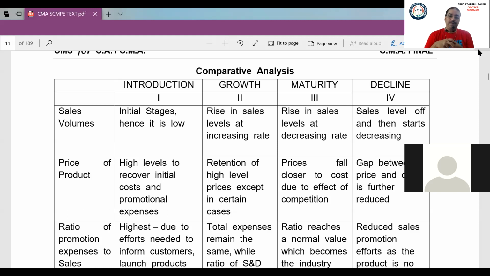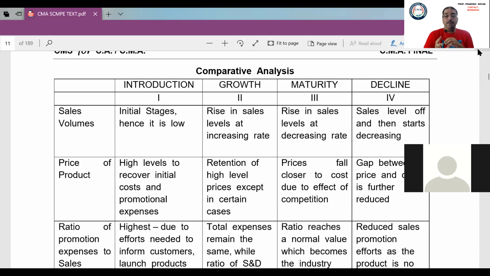Price of the product, if I'm talking about that. If I know the total life cycle period of the product, that it is 5 years or 8 years, and I've planned for that, and my product is also a new product, which is not known to anybody in the market.